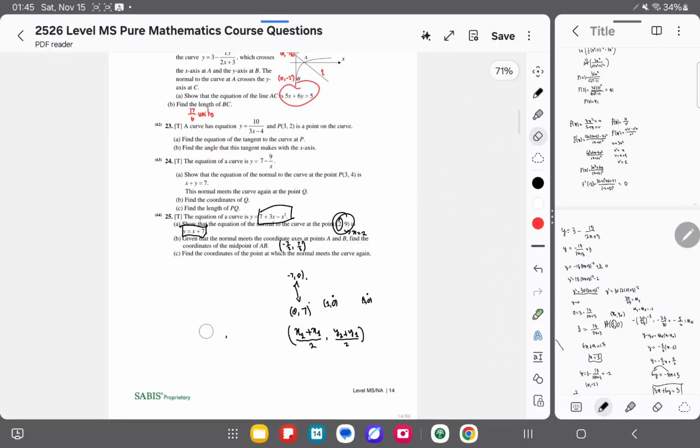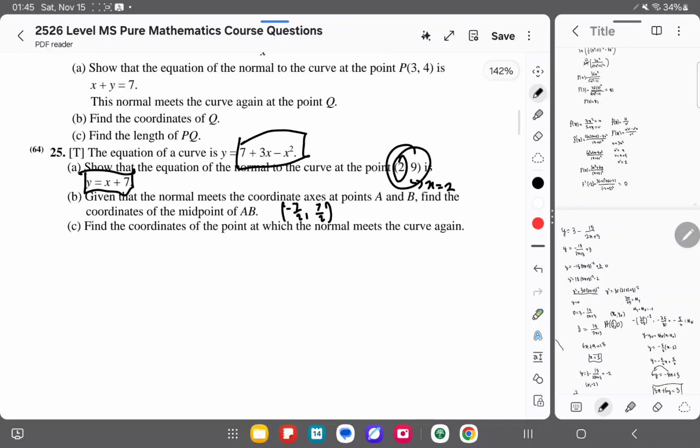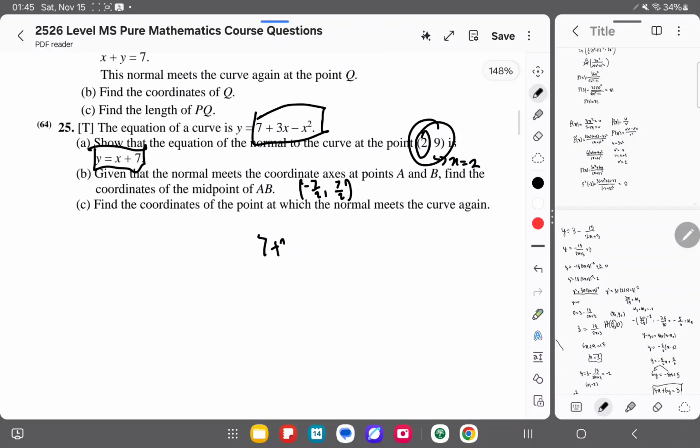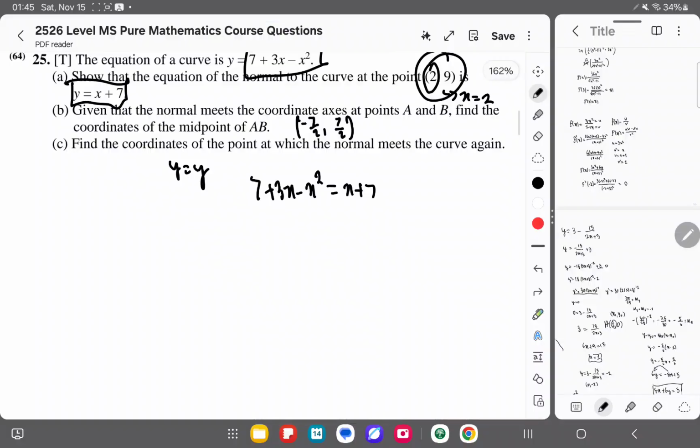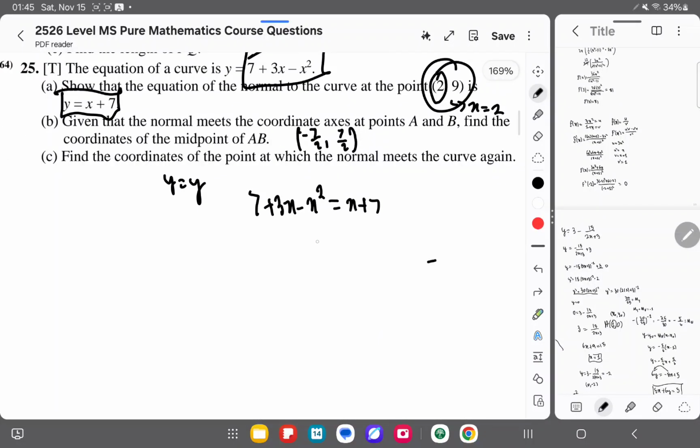Next, find the coordinates of the point at which the normal meets the curve again. That means you have to find the two intersection points of the curve and the normal. So we'll just put them equal to each other. We'll do y equals y. So we have both y's here. Now we'll just isolate 0.